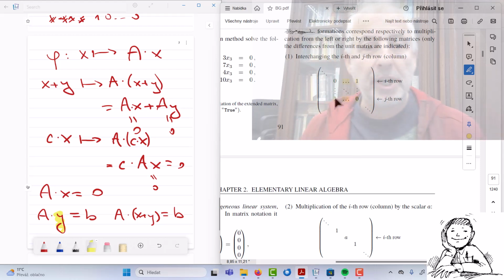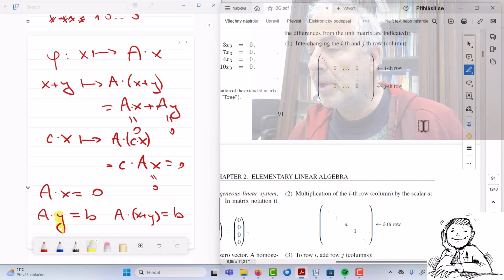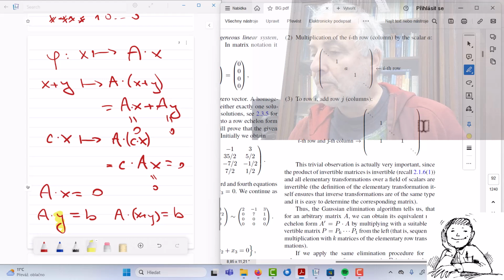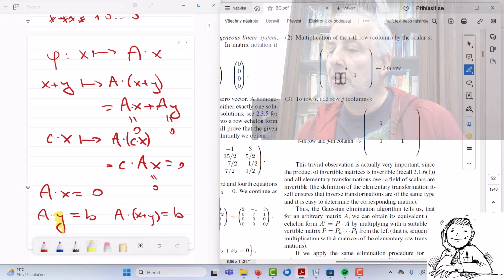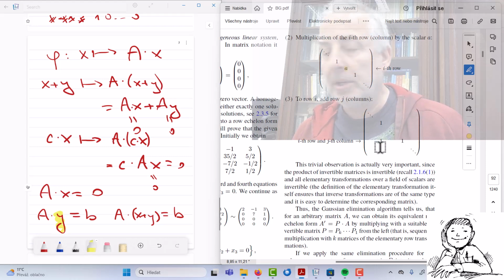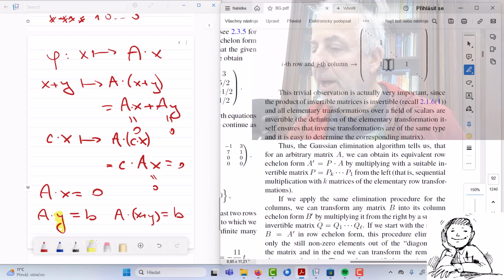So that's the exchange. Similarly, this means I multiply the I's row by the scalar A, and here I add in the J's row, I add the I's and J together, right?